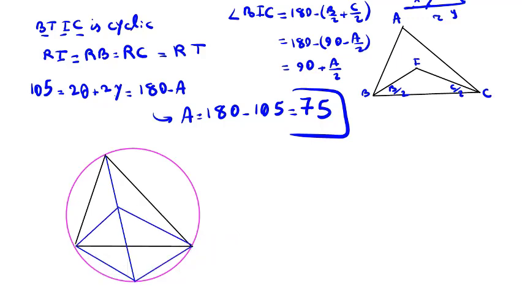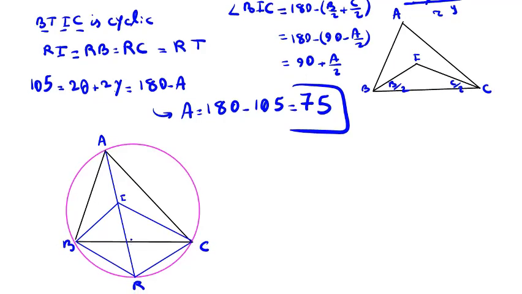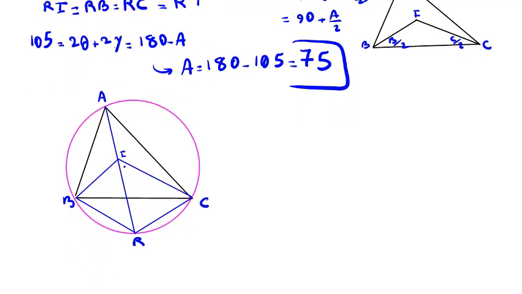So consider it is I. I want to prove RI equals RB equals RC. Here it is what? It is A half. It is C half because of the angle bisector, C half. It is equal to this part, A half, A half. So this is an external angle here, an exterior angle, A half plus C half.